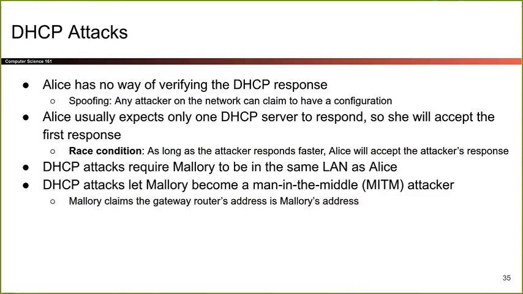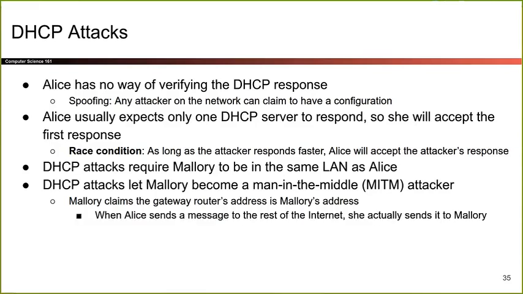So one way you can become a man-in-the-middle is claim that the gateway router is your address. So Mallory says, here's my configuration, and then Mallory has to provide a gateway router address, but she actually provides her own address. So now any message that's bound for the rest of the internet always goes to the router, right? We said the router is the one who's going to hop that message to other places.